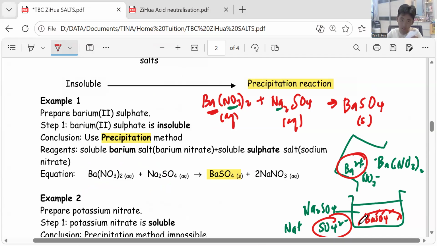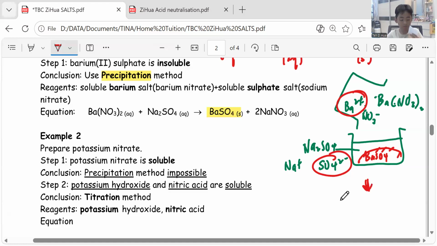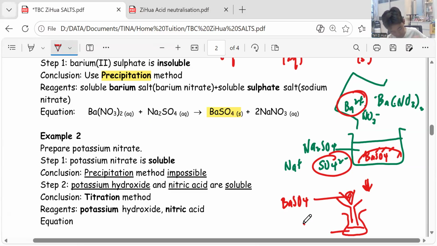Now, once you have this, all you need to do is filter it out. So your barium sulfate is on top.